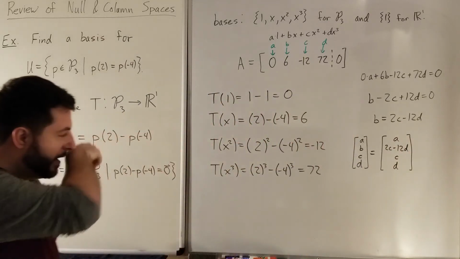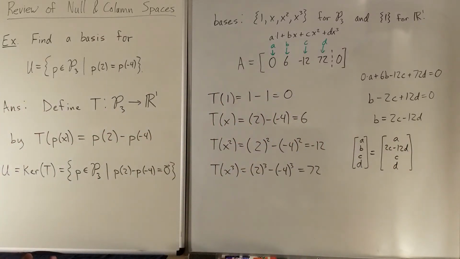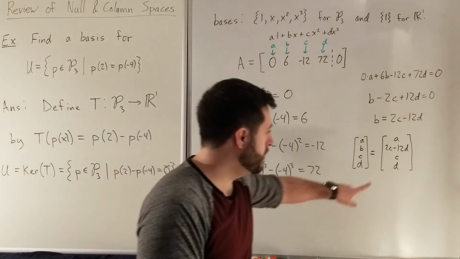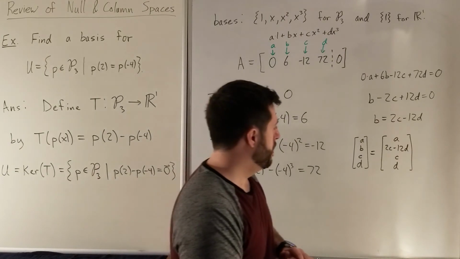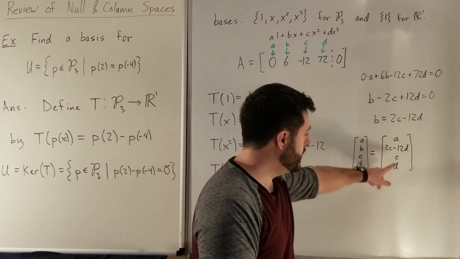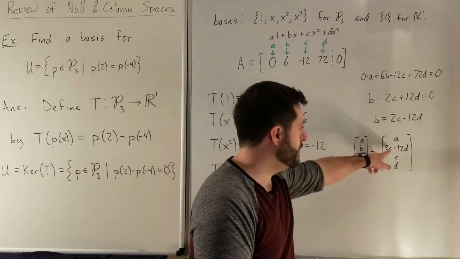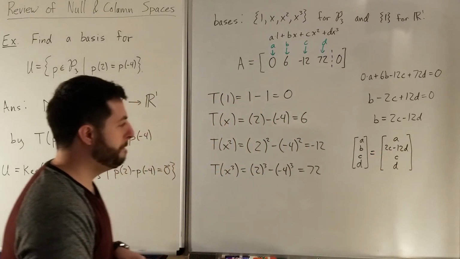Okay, so our generic vector sitting in the kernel, sitting in the null space of this matrix, must look like this. So A, C, and D can be anything, but B must be equal to 2C minus 12D.